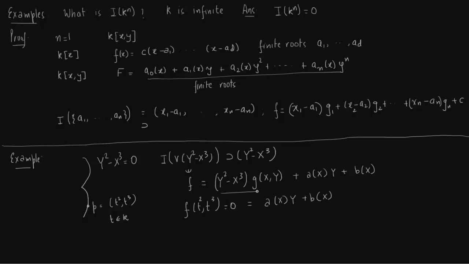We have replaced x with t squared and y with t cubed, so you have a of t squared times t cubed, and similarly b of t squared. Now you collect even and odd terms, and we have 0 on the left hand side. So we will have a equals b equals 0.